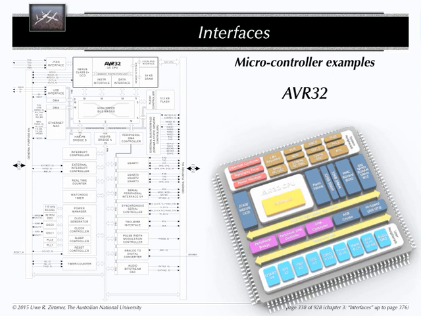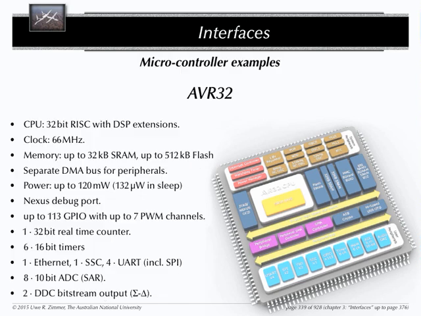Detangling this diagram, that's a little bit of a different kind of specs which you find for this slightly more modern microcontroller. This is still a cheap-end, simple microcontroller. 32-bit architecture, 66 megahertz, which is quite typical for microcontrollers. Microcontrollers are not clocked in the gigahertz range.